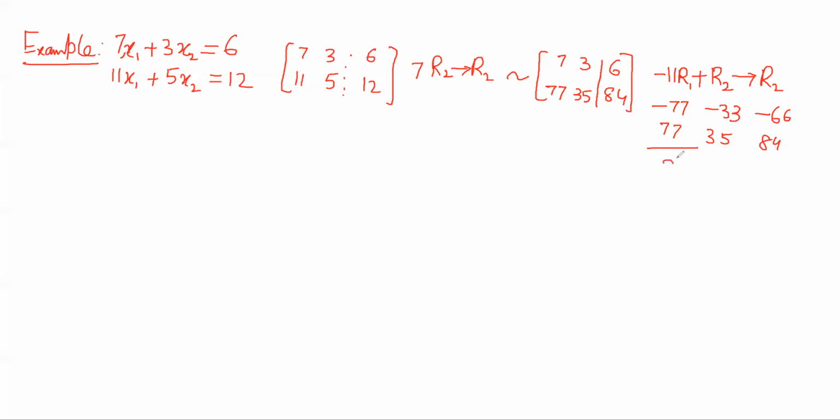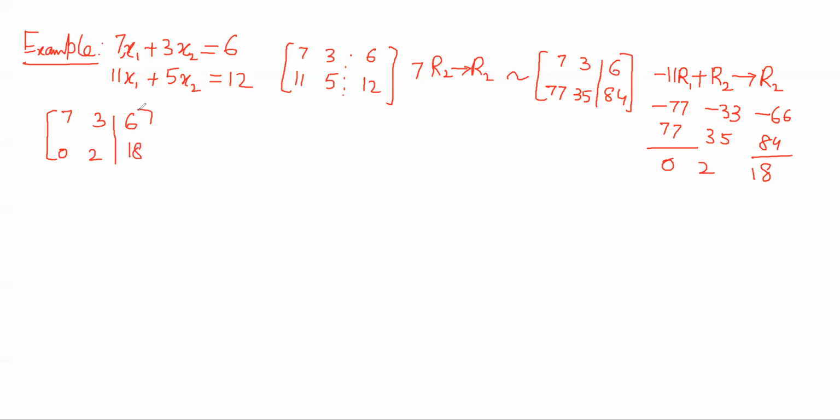We will get 0, 2, and 84 minus 66 is 18. So the new matrix is: the first row will not change, 7, 3, 6, and the new second row is 0, 2, 18.